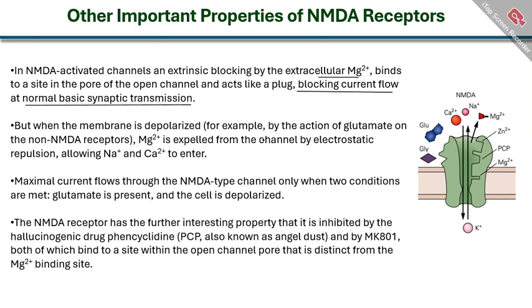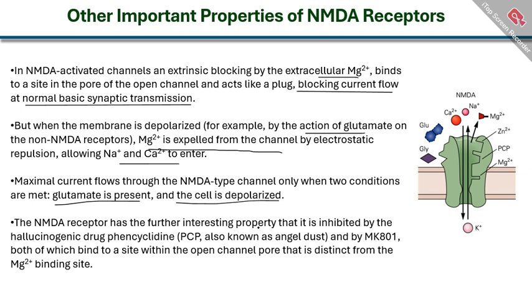But when the membrane is depolarized by the action of glutamate, magnesium is expelled from the channel by electrostatic repulsion, allowing sodium and calcium to enter the cell. Maximal current flow through the NMDA channel takes place only when two conditions are met: glutamate is present and the cell is depolarized.